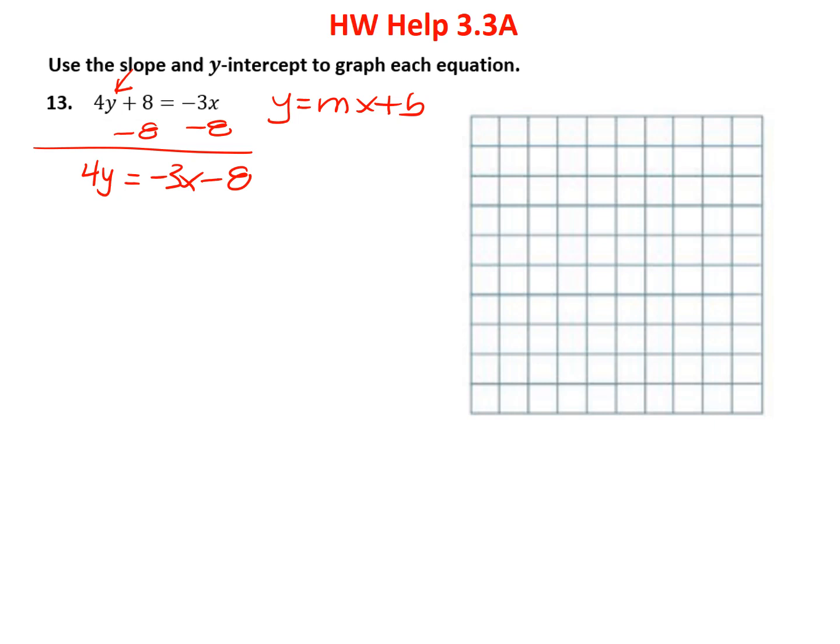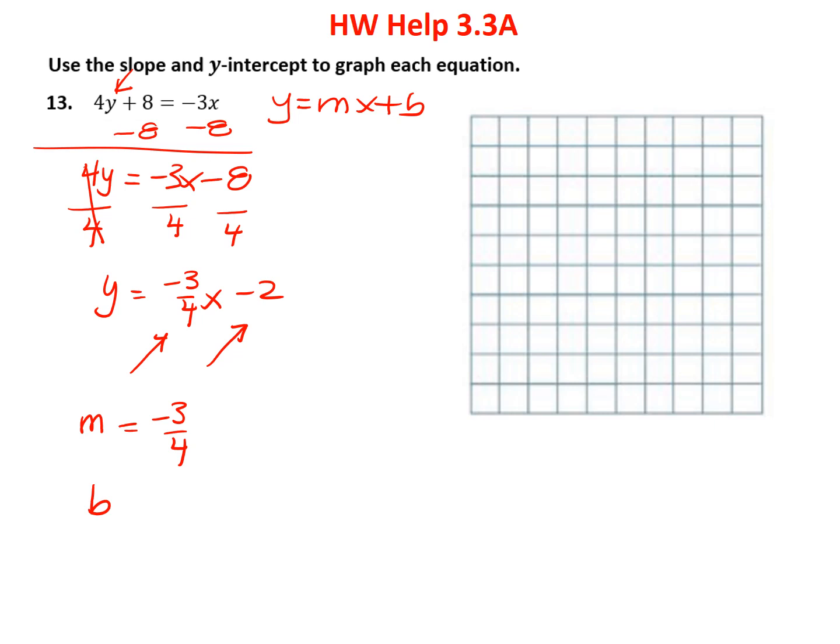Now we undo the 4y by dividing by 4, and we divide everything by 4. So that gives me y, and over here I have minus 3/4 times x minus 2. So there's my slope, there's my y-intercept. So my slope is minus 3/4, and my y-intercept is minus 2.